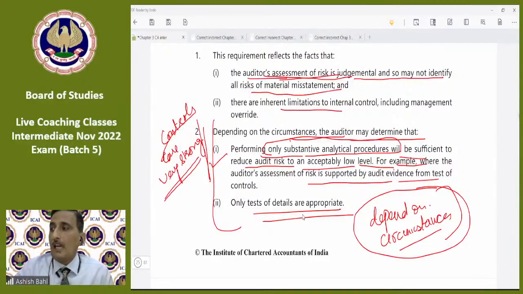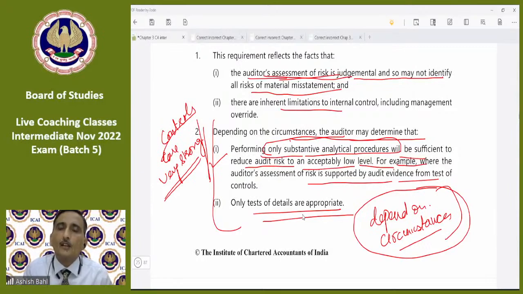So Hiral is asking what is meant by management override. Hiral, I have already explained these terms many times. Management override means that management may be engaged in not following these controls, or in deviating from the established procedures.